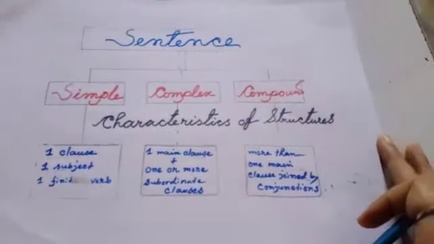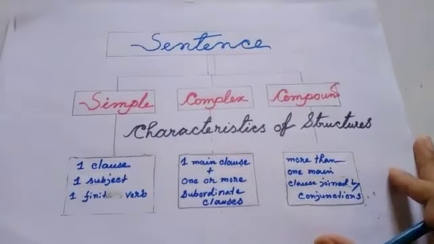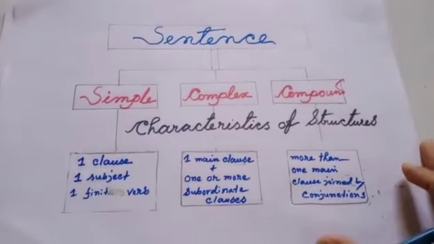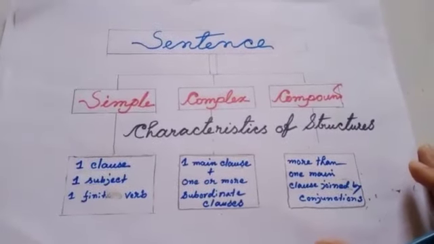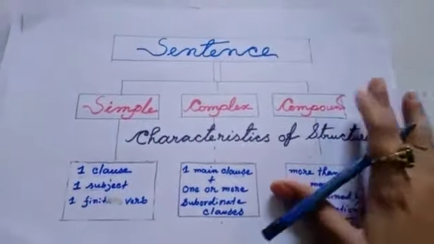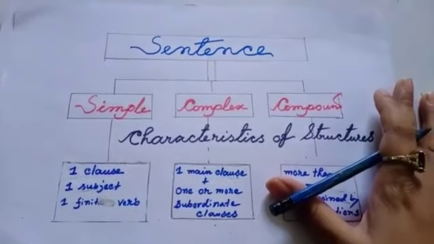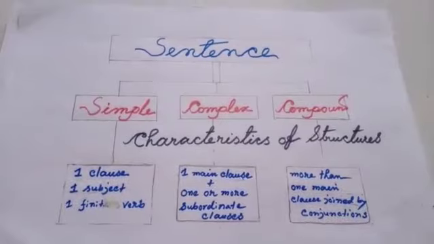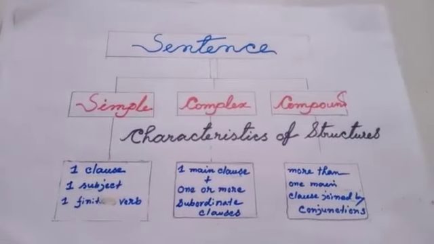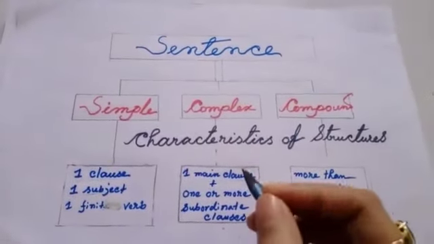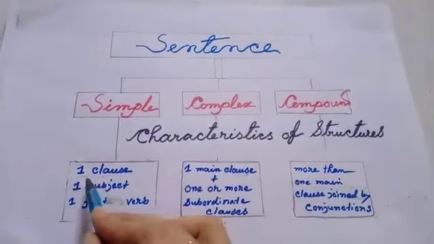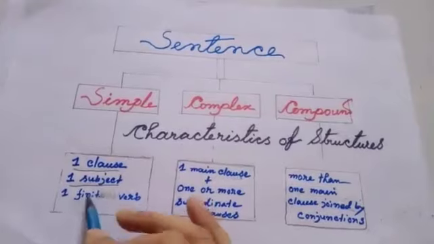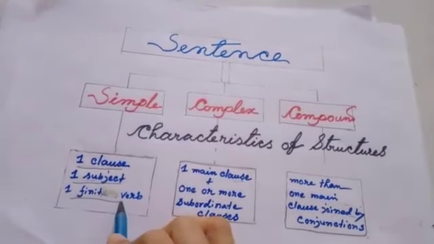There are three kinds of sentences according to the structures. What are these? These are simple sentence, complex, and compound. Now the question is how we will identify these sentences. Let's see the salient features of these sentences. In simple sentence, we will get one clause and one subject and one finite verb.